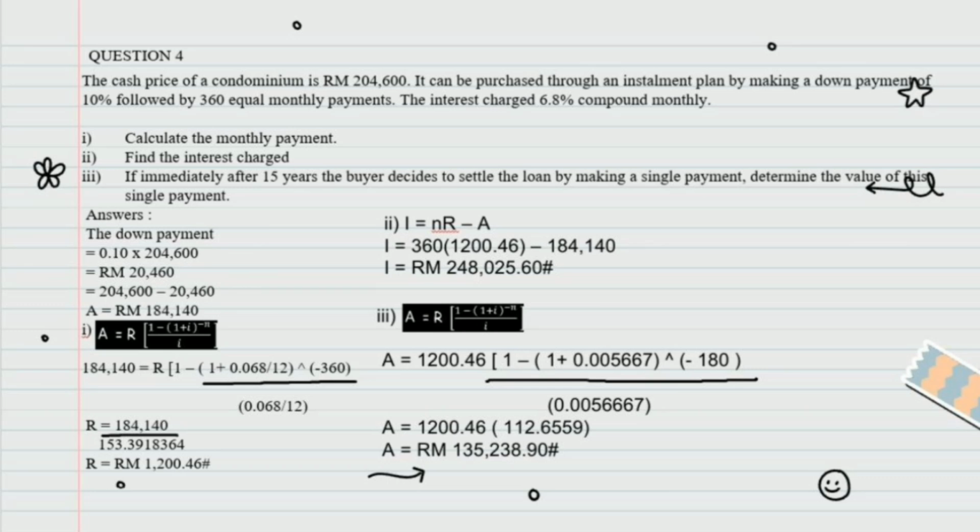Okay, and then A equals 1,200.46(112.6559), and you get the answer A equals RM135,238.90. So that's all for me. Thank you.